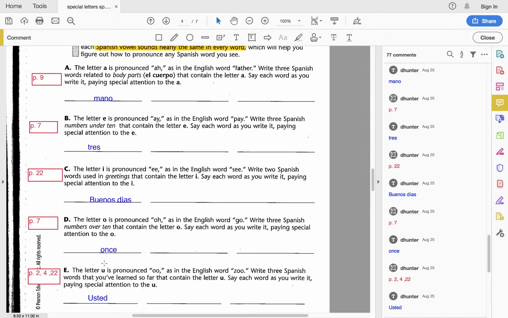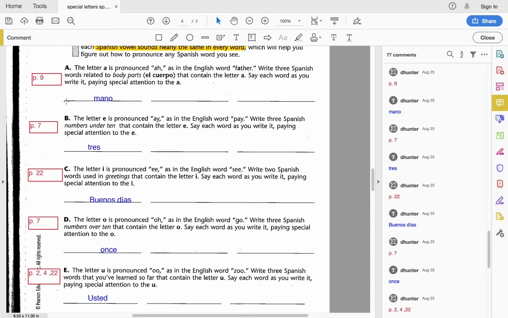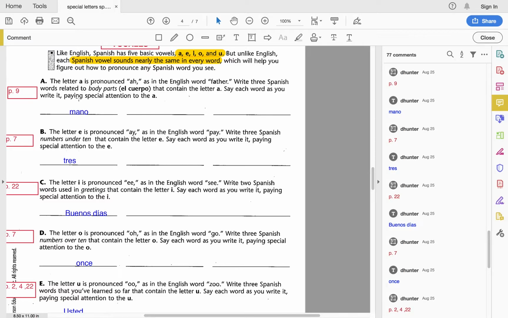So for each section of practice here, what you want to do is follow the directions given based on these page numbers to find words that give you an example of how each word should sound. The goal of today is to understand how to pronounce based on vowel sounds and other special characteristics of letters and words. Again, as said before, the letter A is pronounced A, as in the English word father.